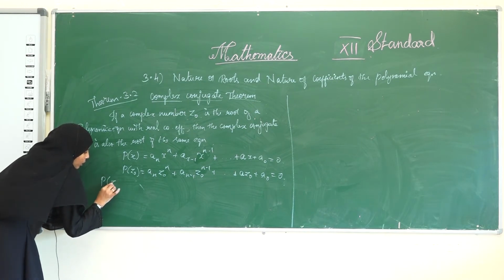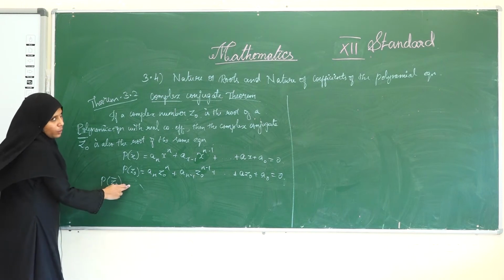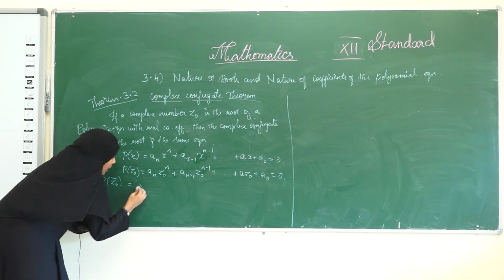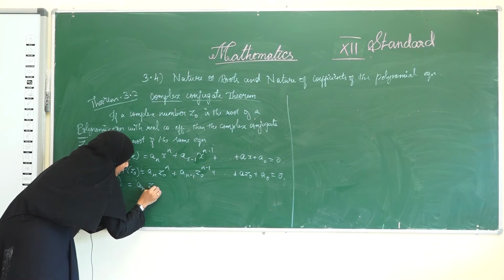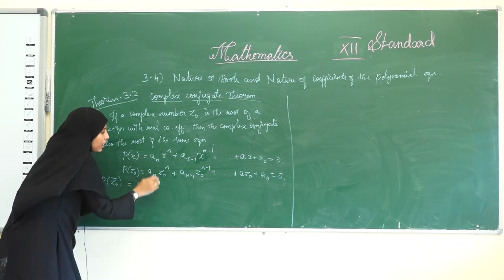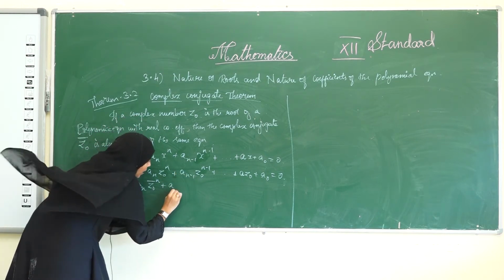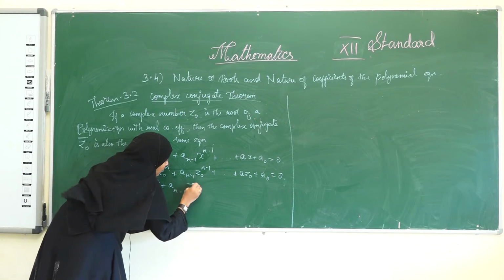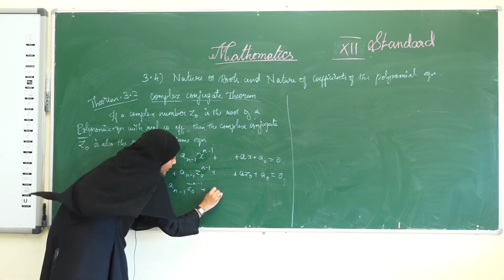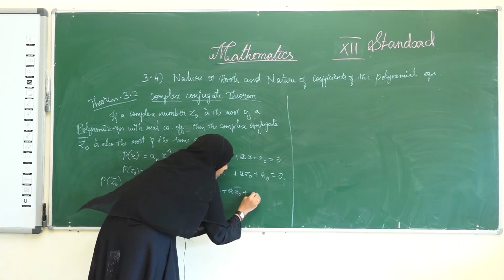Therefore, we should show that P of z0 bar is equal to 0. So we are substituting z0 bar instead of x, right? So a n z0 bar power n plus a n minus 1 z0 bar power n minus 1 plus etc. plus a1 z0 bar plus a naught.